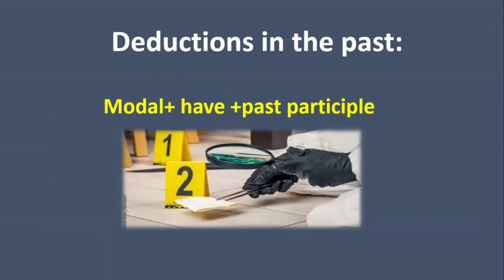Now, we can do something else, which is talking about deductions in the past. For deductions in the past, we have this structure. We'll have to use the modal plus have plus past participle or verb form 3, أو what we call in Arabic التصريف الثالث للفعل. So let's look at this example to understand.